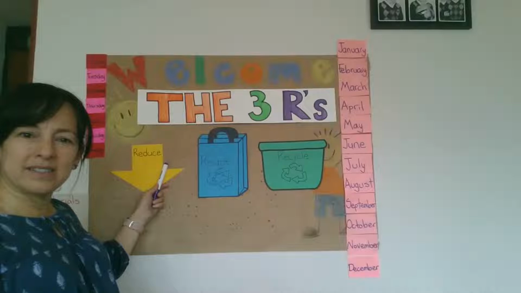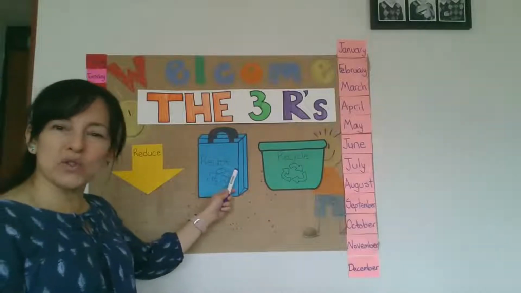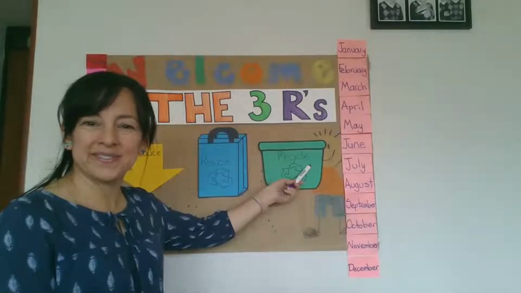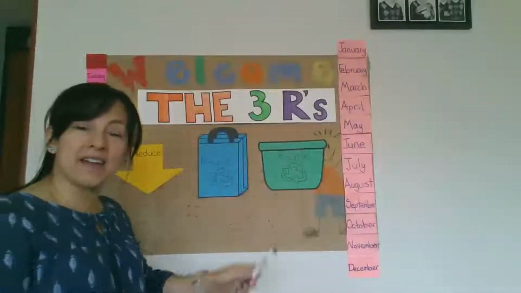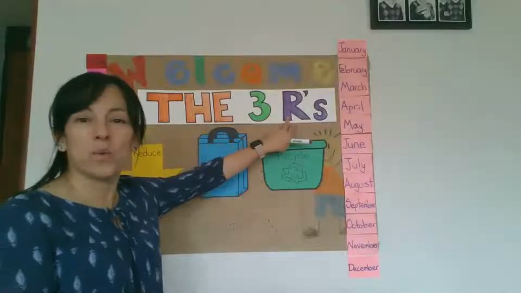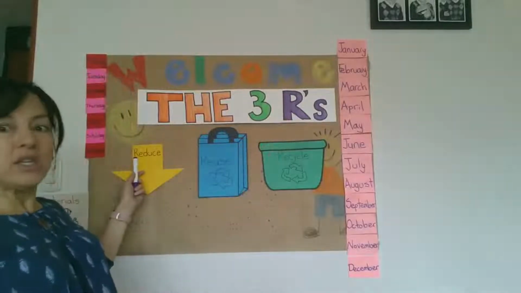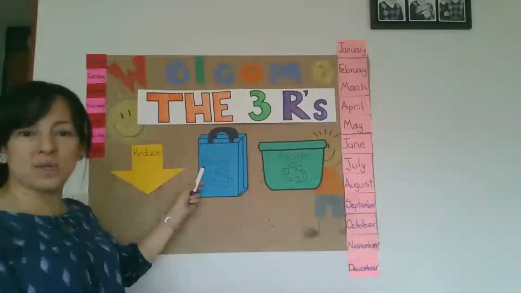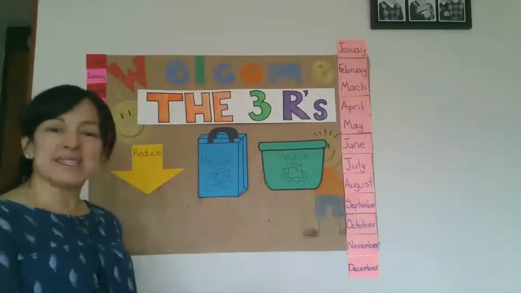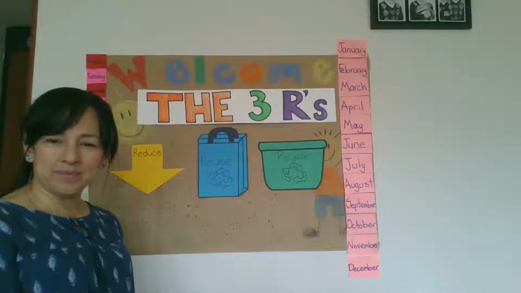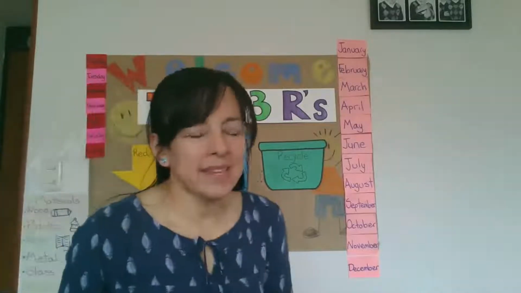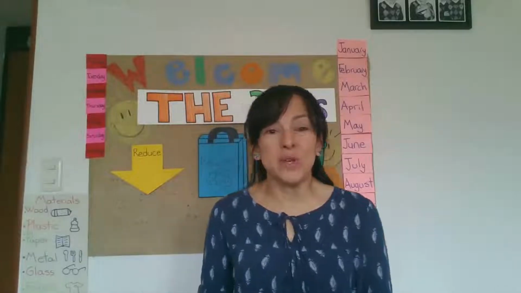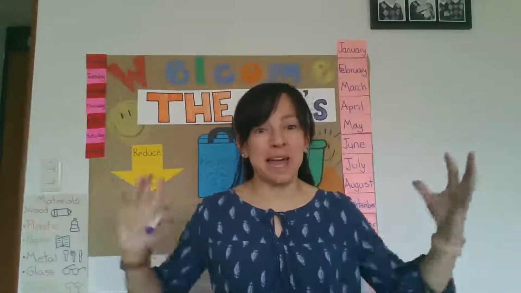Reduce, reuse, recycle. These 3 are the 3 R words. Reduce begins with the letter R, reuse begins with the letter R, and recycle begins with the letter R. But they are very, very important words because we can help our planet.